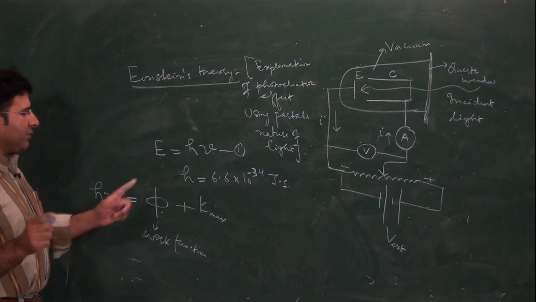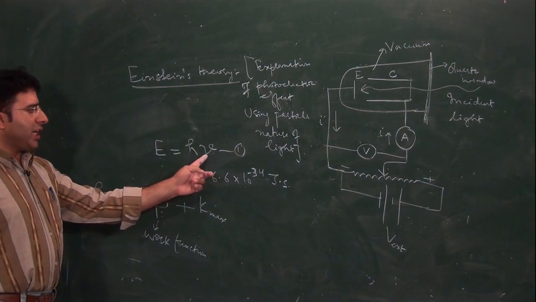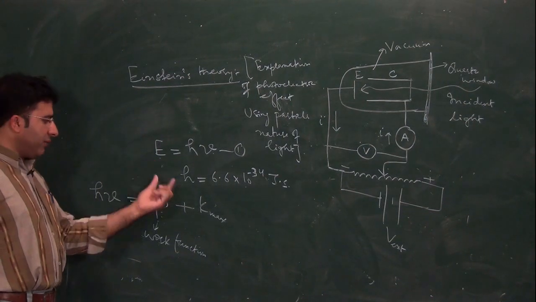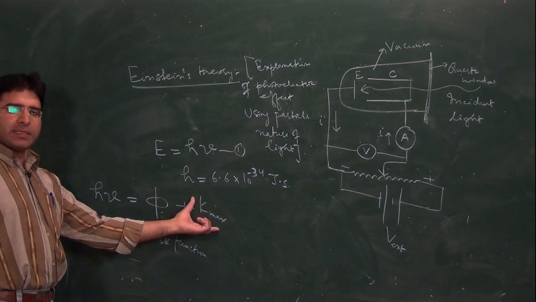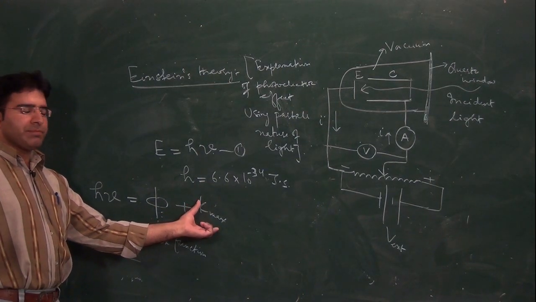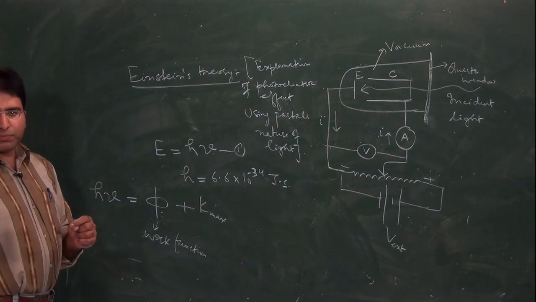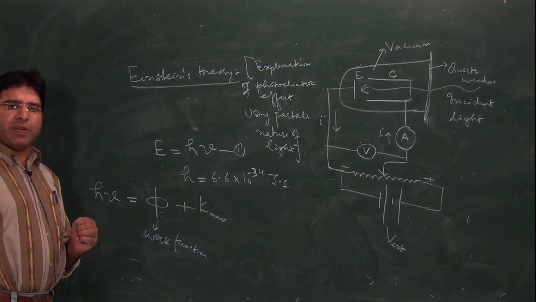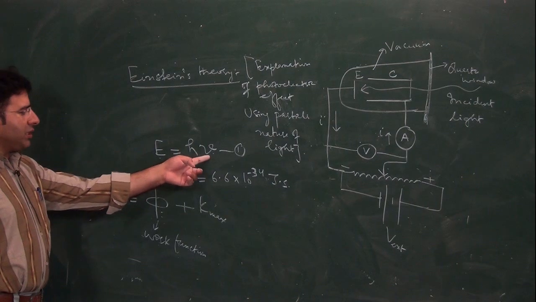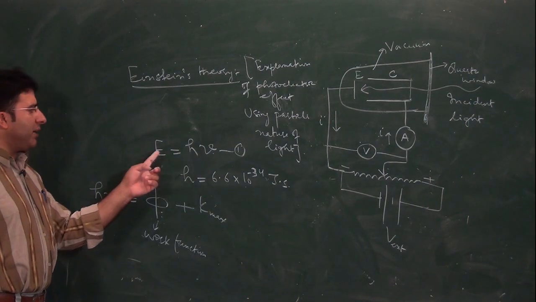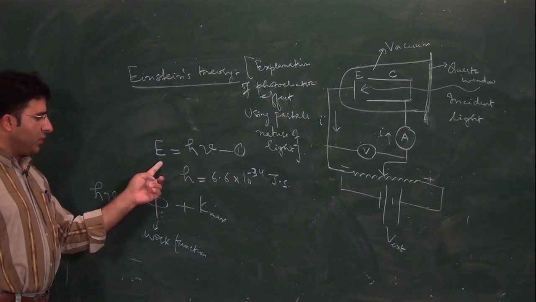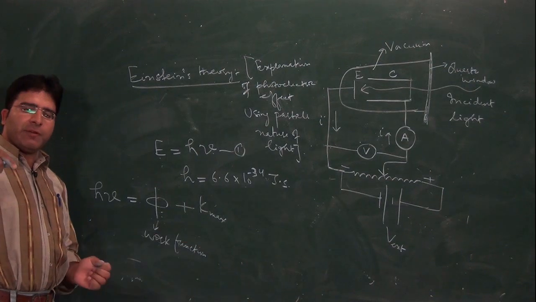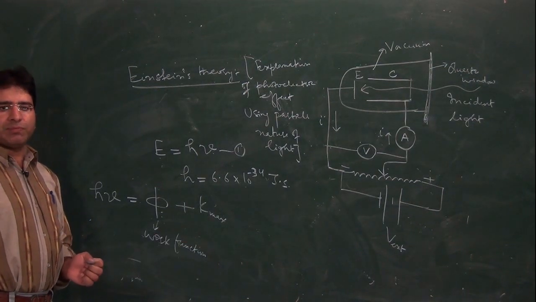But if you change the frequency, you are changing the energy content of the photon, that will change the Kmax and hence the stopping potential. Therefore, stopping potential is directly proportional to frequency, because increase in frequency will directly affect the energy content of the photon, accordingly will directly affect the Kmax, will directly affect the stopping potential.